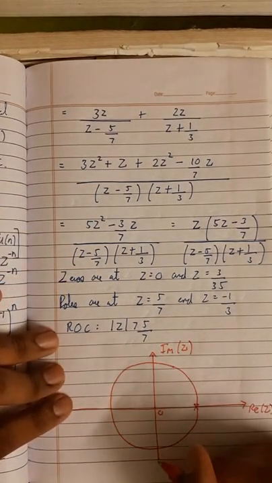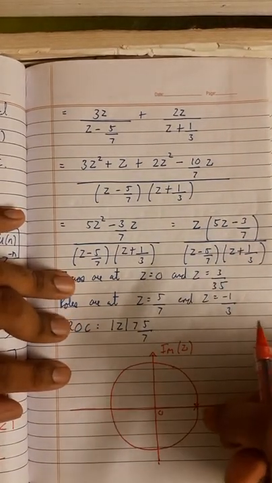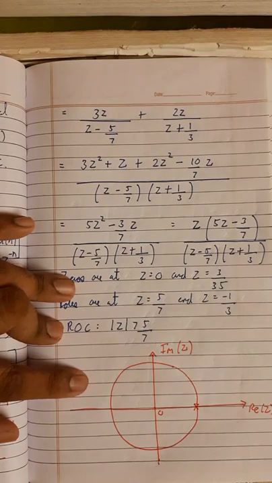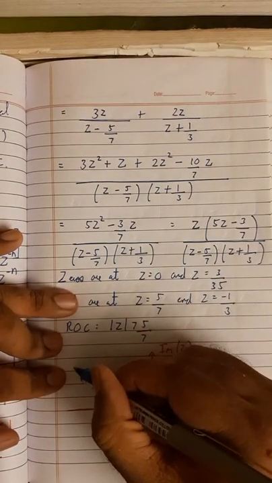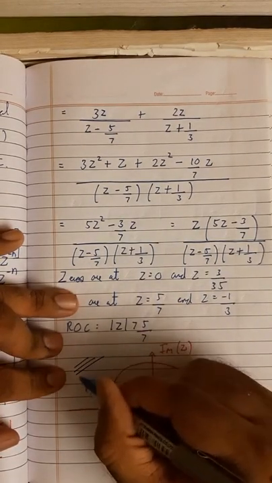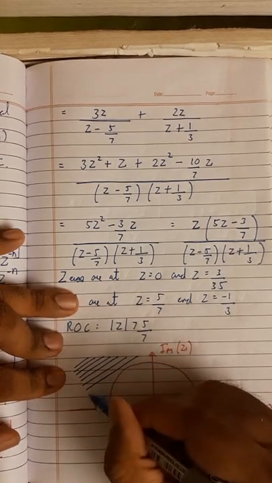Okay, so this is my region of convergence, and so now I have drawn that. So now I can mark the, so is it greater than? Greater than means your ROC is outside the circle, right? Your ROC is outside the circle.